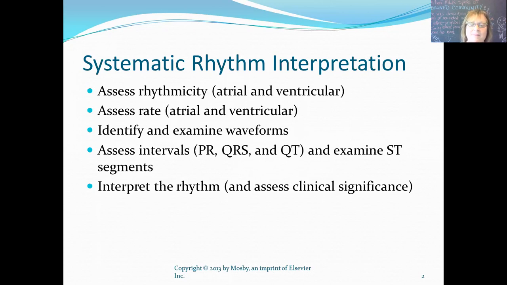The third step is we're going to identify and examine the different waveforms. Remember the P wave and the QRS and then the T wave. And then we're going to look at the intervals. And you remember the interval is from the start of a wave all the way to the start of the next waveform or the complex.